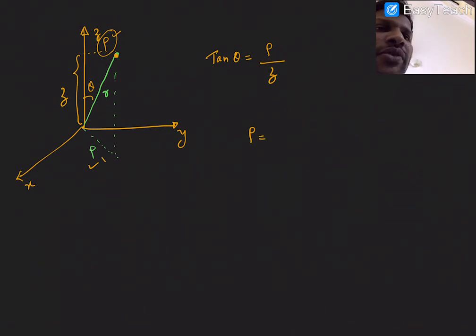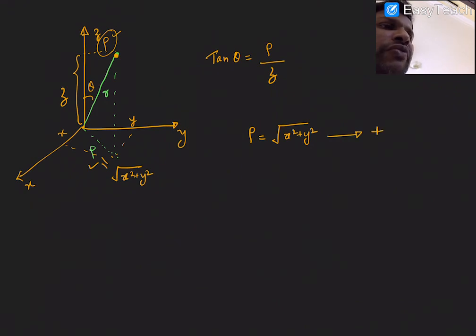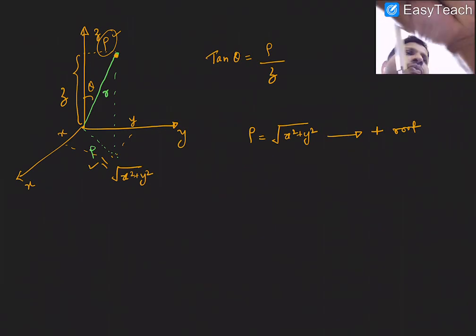You know that rho is equal to root of x square plus y square, because this is the distance y and this is the distance x, and we can find the hypotenuse as rho equal to root of x square plus y square. This number will always be a positive quantity. We will be taking only the positive root. I hope it is clear to you.